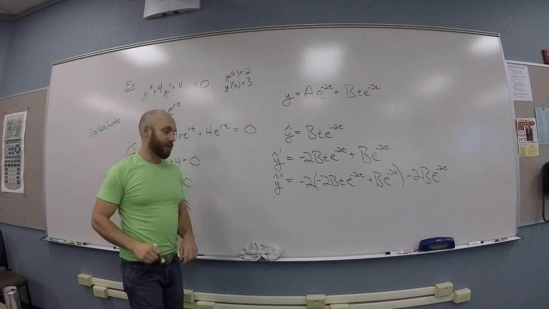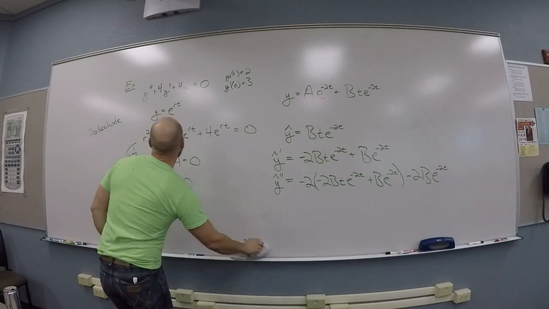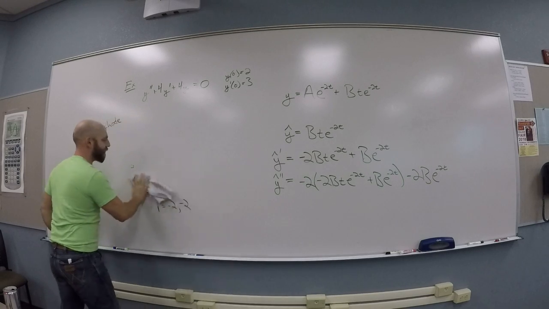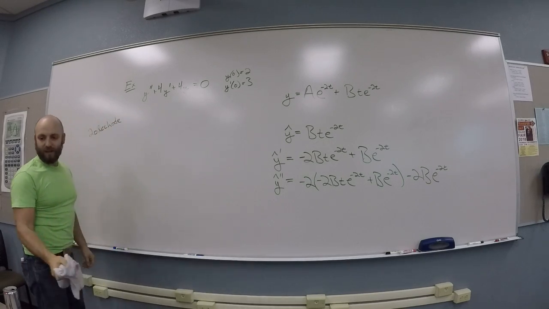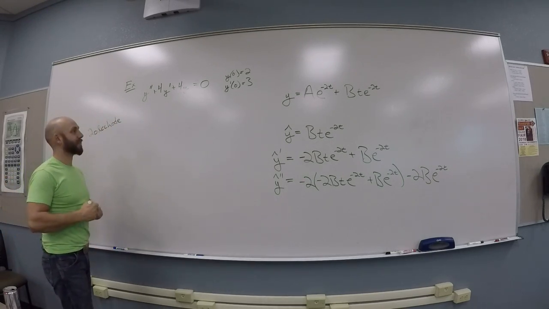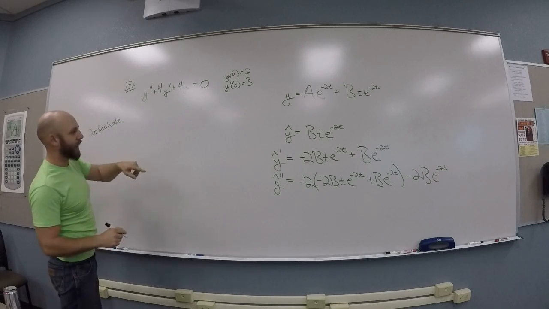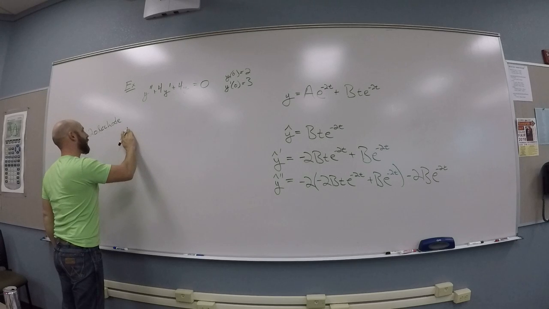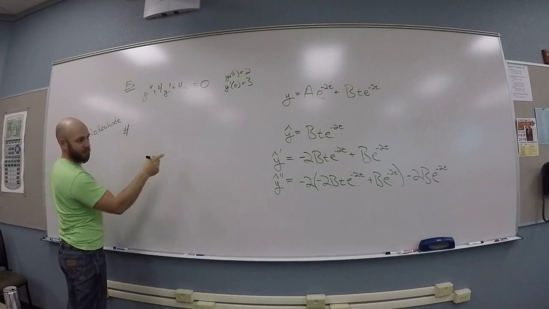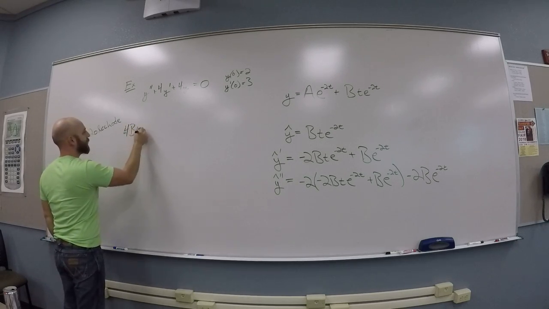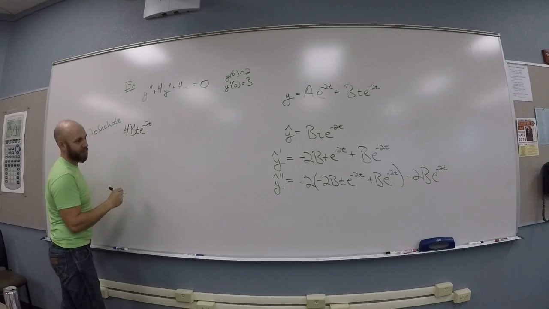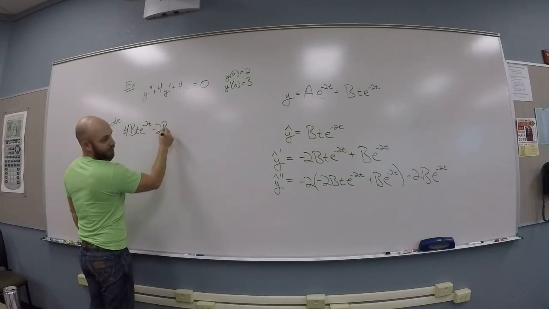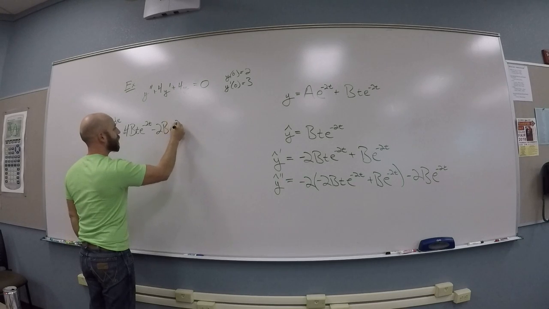And then you take that over to your differential equation, plug it in, and see if it works. So I have positive 4bt e to the minus 2t, minus 2b e to the minus 2t, minus 4b.